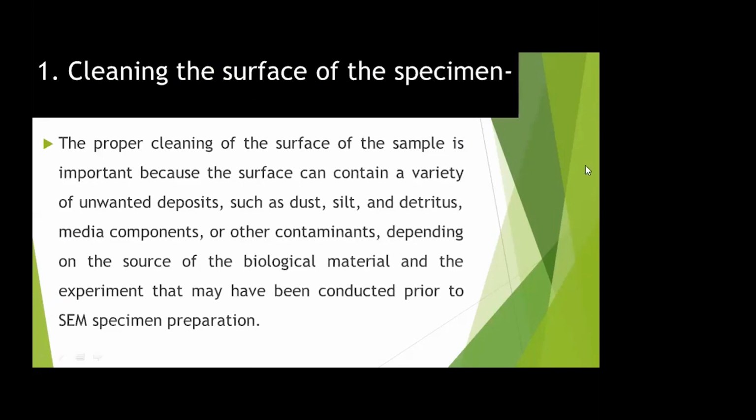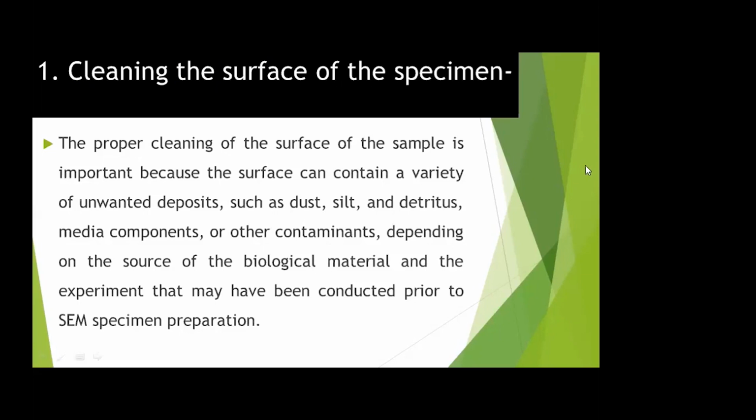First, cleaning the surface of the specimen. Of course, this may not be applicable for many of our finished products in Rasa Shastra. Whenever we talk about a biological specimen, or any rock sample or an ore for that matter, its surface has to be properly cleaned first. This is important because the surface can contain a variety of unwanted deposits.